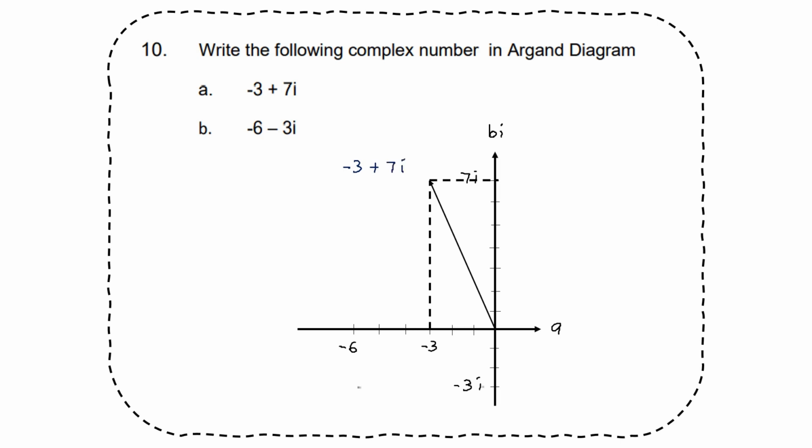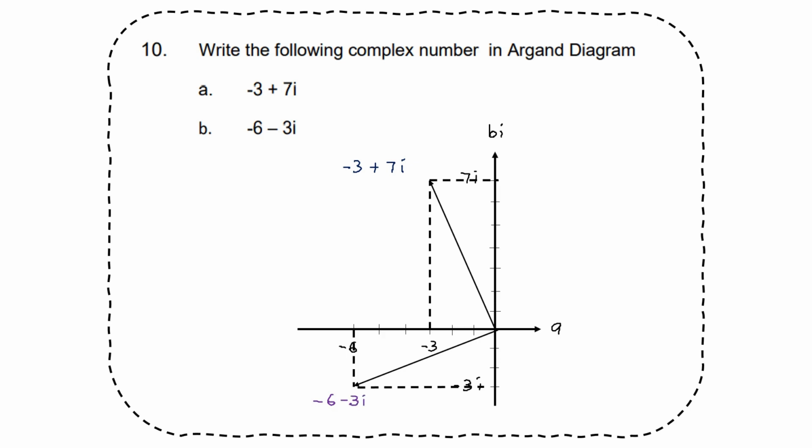And for the second one, question B, we have -6, -3i. So we put the mark of arrow here and we label it as -6 minus 3i.